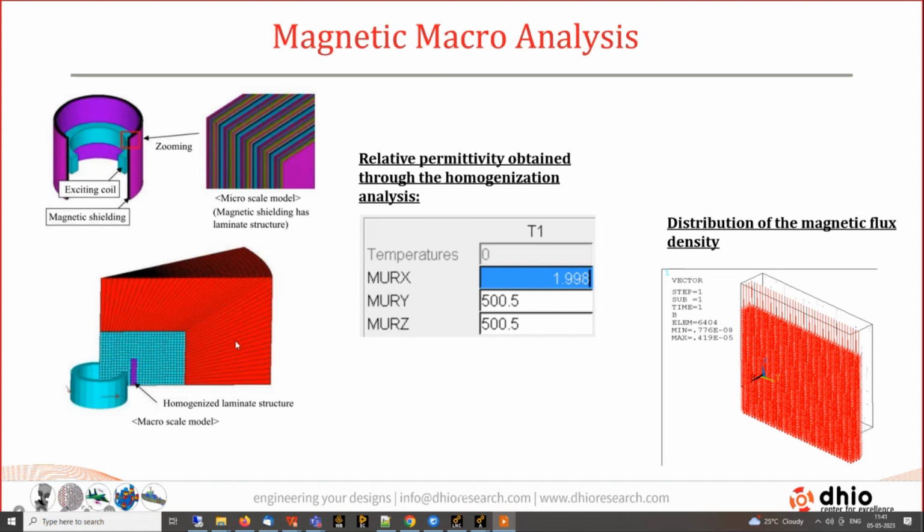The macro model consumes a lot of time, so I cannot show the total macro model analysis here. After performing the macro model analysis, the distribution of the magnetic flux density can be seen here. This is the result, and this is one example for relative permeability.